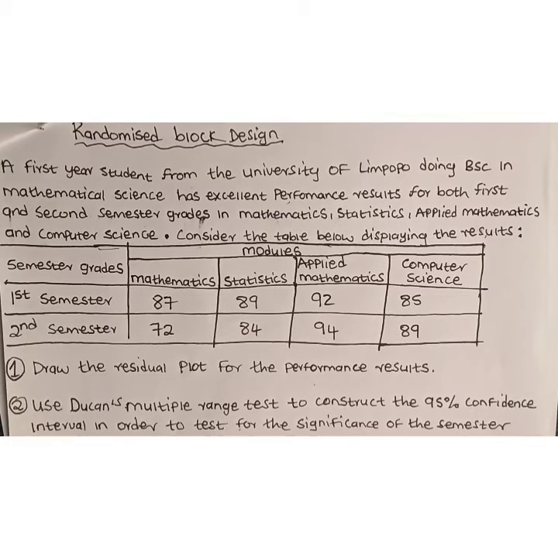So we have a table displaying the semester grades and modules, where semester grades are treatment and modules are blocks. So here we have first semester and second semester, which are 2 treatments, and we have 4 modules, which are mathematics, statistics, applied mathematics, and computer science, which will be our blocks. So in other words, our rows are our treatments, and our columns are our blocks.